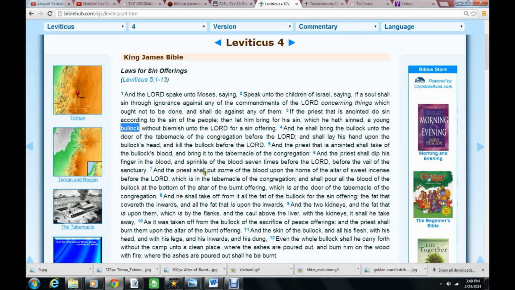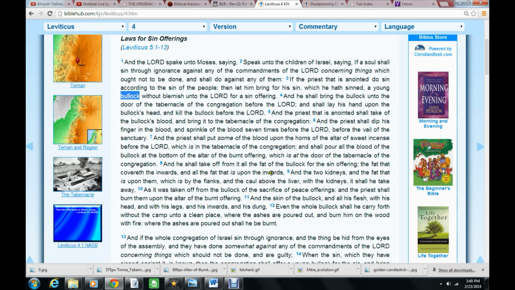And the priest shall put some of the blood upon the horns of the altar of sweet incense before the Most High, which is in the tabernacle of the congregation, and shall pour all the blood of the bullock at the bottom of the altar of the burnt offering, which is at the door of the tabernacle of the congregation. And he shall take off from it all the fat of the bullock for the sin offering, and the fat that covereth the inwards. Here we go again.